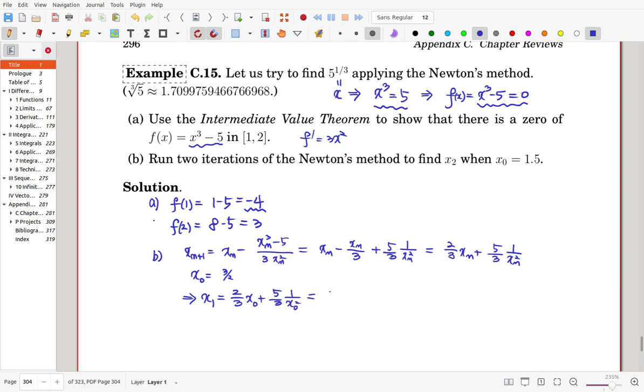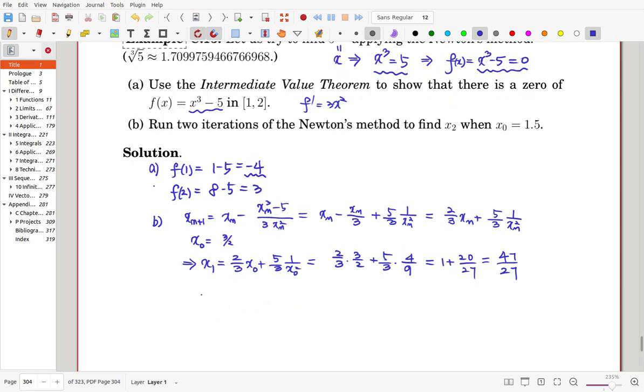Since x0 is 3 over 2, that is 2 over 3 times 3 over 2, which is 1, plus 5 over 3 times the square, which is 4 over 9, giving 20 over 27. So 1 plus 20 over 27 is 47 over 27.